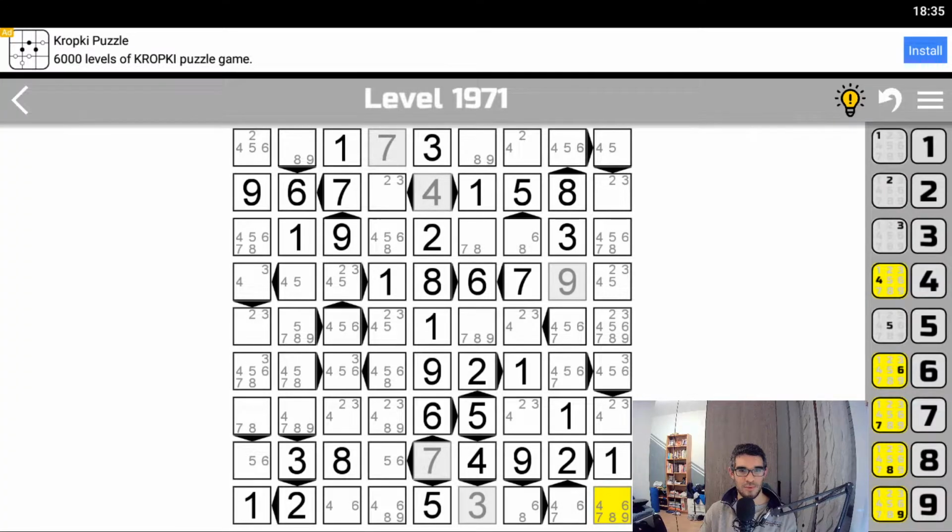So 2 3 4, 2 3 4, 2 2 4. 4 5 6 7 7. Yeah. I'm still stuck. I have a ton of possible numbers I could place here and here. So these two. Again, 9 9.